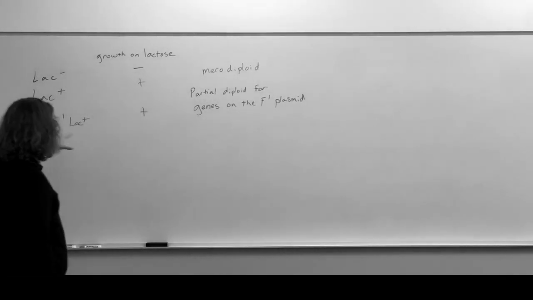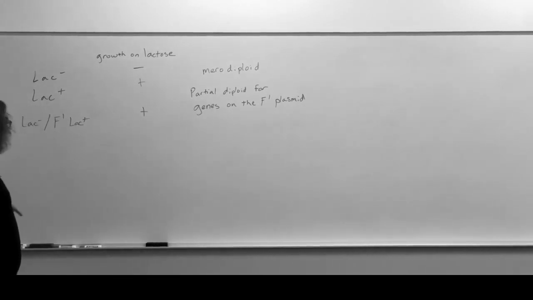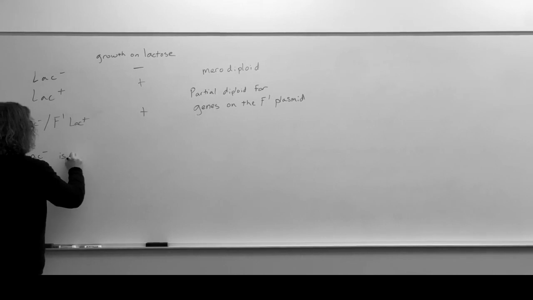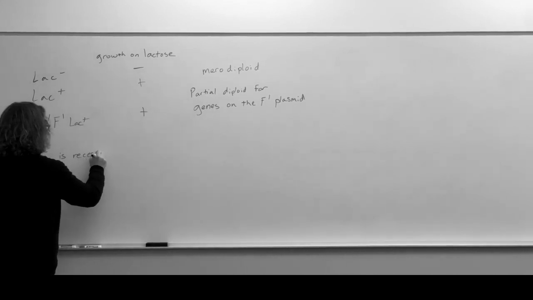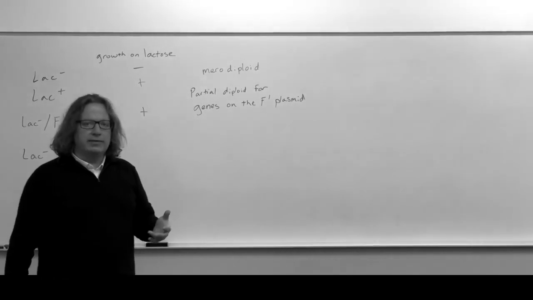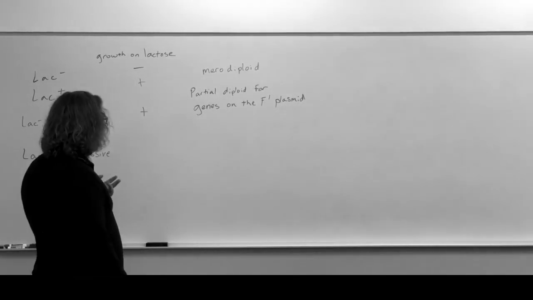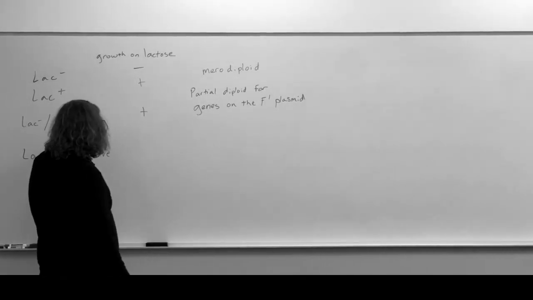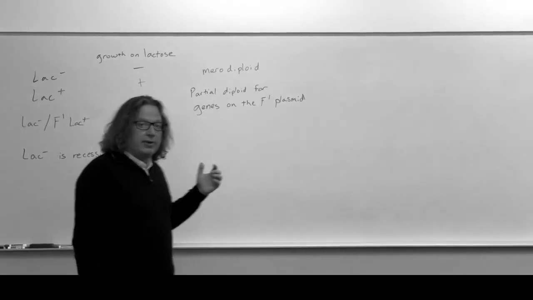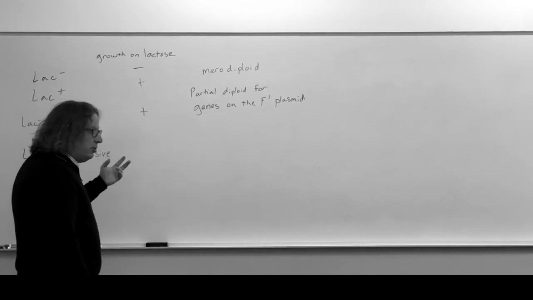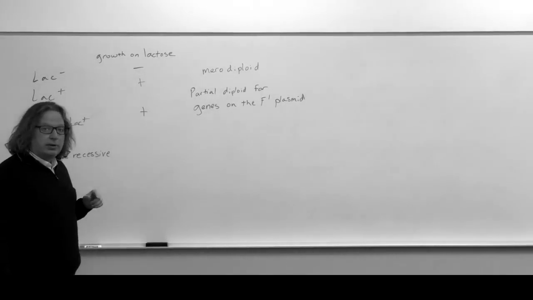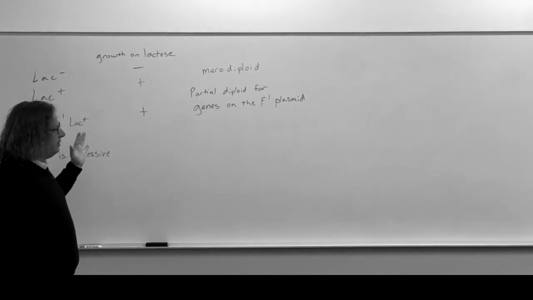And in doing this, we can tell, for example, that lac minus is recessive. And as you know, we can only determine dominant and recessive if we actually have two different alleles. So if we introduce a wild-type version on a deficient background, we can introduce two alleles, and we can determine whether this allele is dominant or recessive. And in this case, it's recessive.